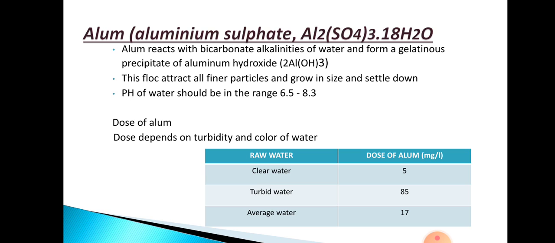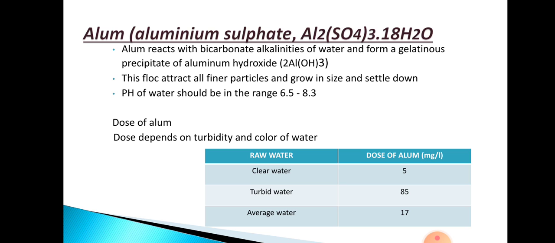One more thing to be noted is that the process of removing fine suspended particles in water by the addition of alum can be done only if the pH of water is in the range of 6.5 to 8.3. So it cannot be used for a wide range of pH, but there is a limit. Only for water having pH in the range 6.5 to 8.3 can we use the process of adding alum.